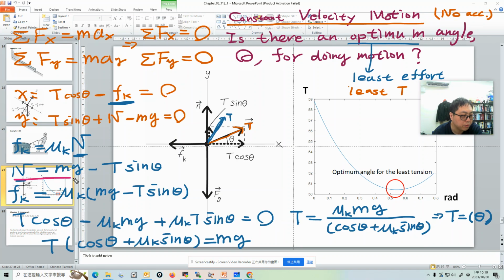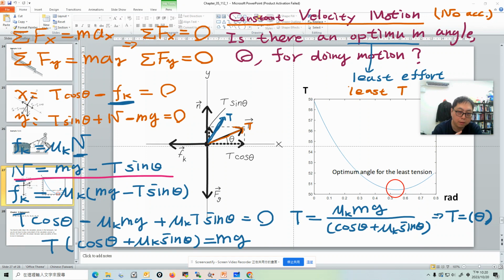So if your theta is higher, that means you have a larger T sine theta, and that means you have less normal force. Less normal force means less friction. So that's why a large theta reduces the friction.